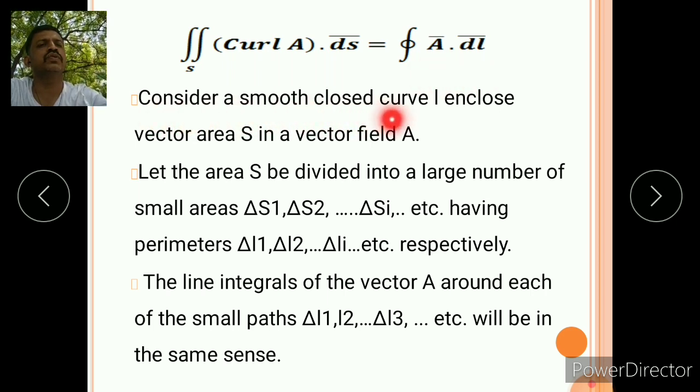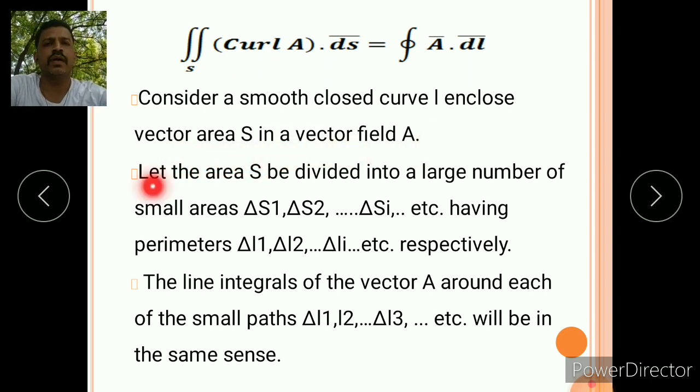Consider a smooth closed curve L enclosing a vector area S in a vector field A. Let the area S be divided into a large number of small areas delta S1, delta S2, delta Si, etc., having perimeters delta L1, delta L2, delta Li, etc., respectively.